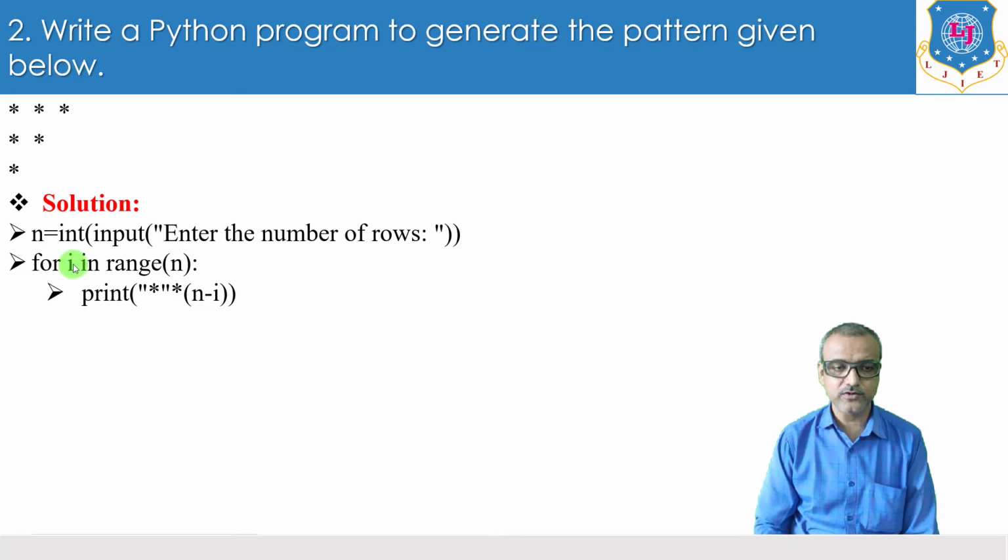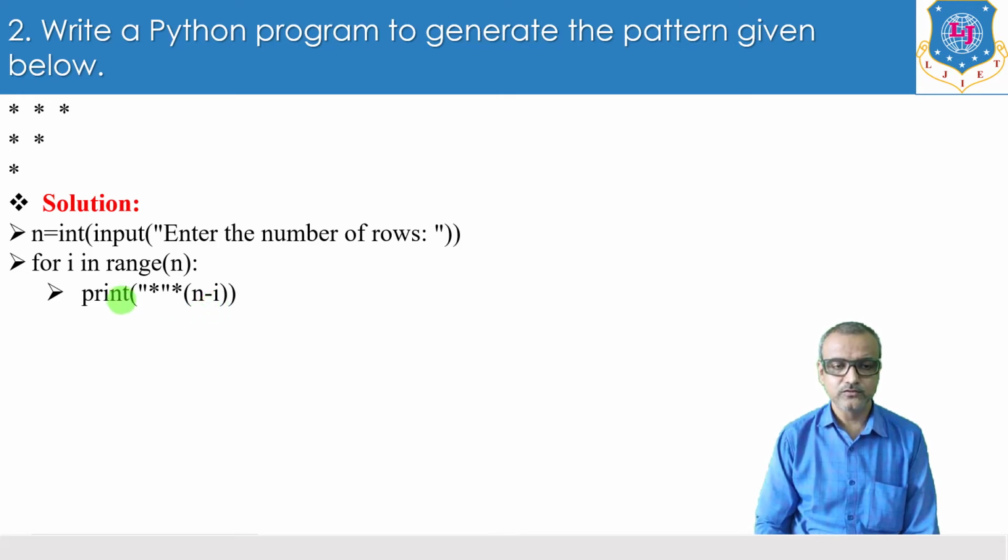And in the next iteration the value of i will become 1 and 3 minus 1 is 2. So this statement will print the star 2 times in the second row. Then the value of i will become 2 and the value of n is 3, and 3 minus 2, that is 1.